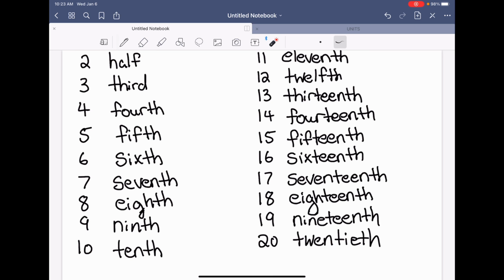Right? So again, half, third, fourth, fifth, sixth, seventh, eighth, ninth, 10th, 11th, 12th, 13th, 14th, 15th, 16th, 17th, 18th, 19th, 20th. Okay, there we go.